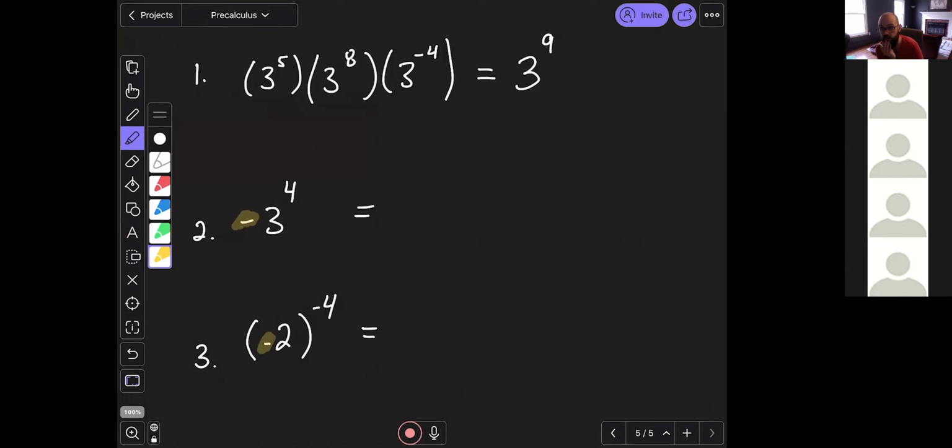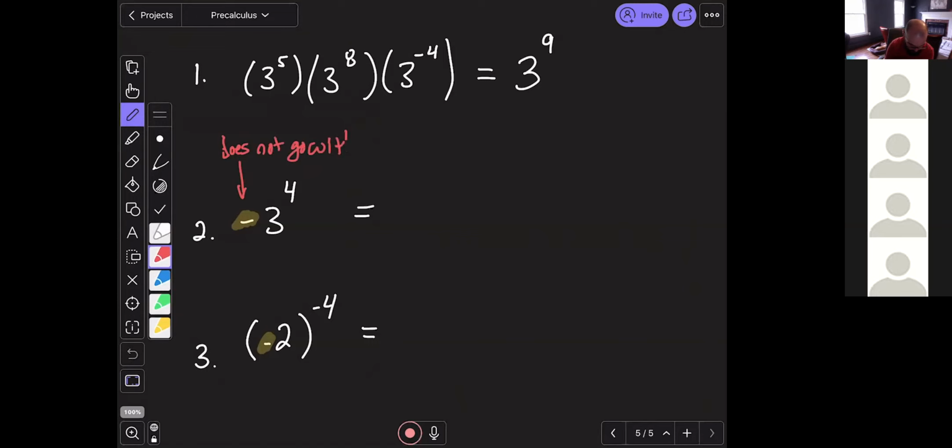In our mathematical notation, when we look at this form right here, this is telling us that this negative does not go with the 4. So this does not go with our exponent. And if it is in the parentheses, we would say this goes with the exponent.